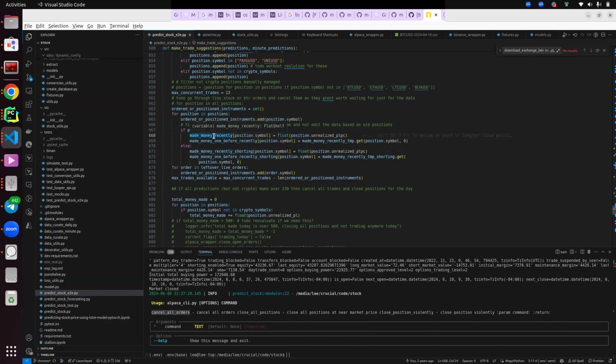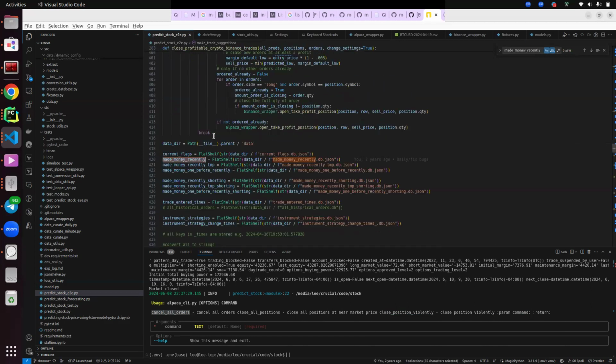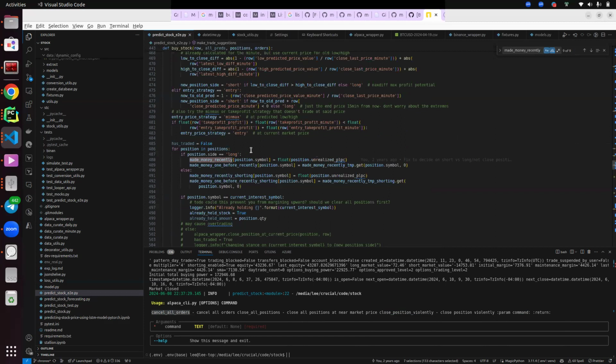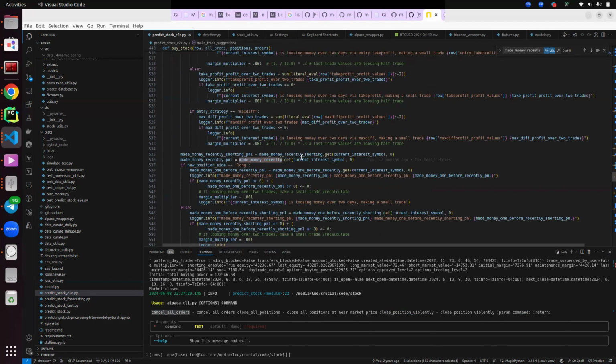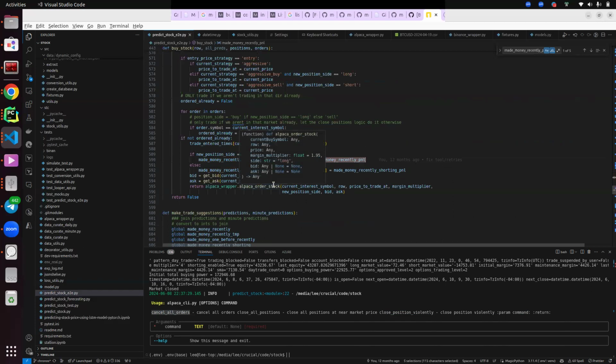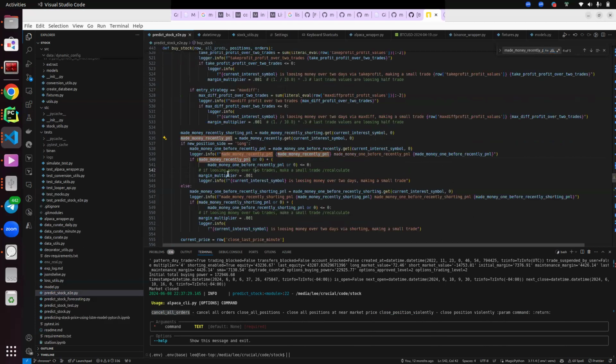I'll show you how this is used. It does a little calculation. These two profit and losses of the last two trades: if basically you've been losing money over the past two trades when you add them up, we just make a tiny trade.